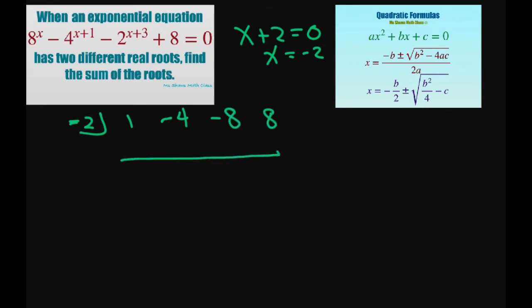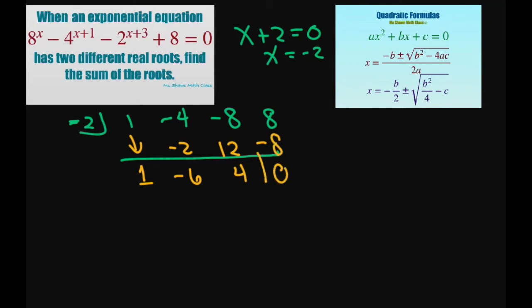This is how I do it. Everyone does it a little differently. But then you bring down the 1, so now we can get started. Negative 2 times 1 is negative 2. Then you add, so that gives you negative 6. Negative 2 times negative 6 is 12. Then you add, you get 4. Multiply negative 2 times 4, get negative 8.